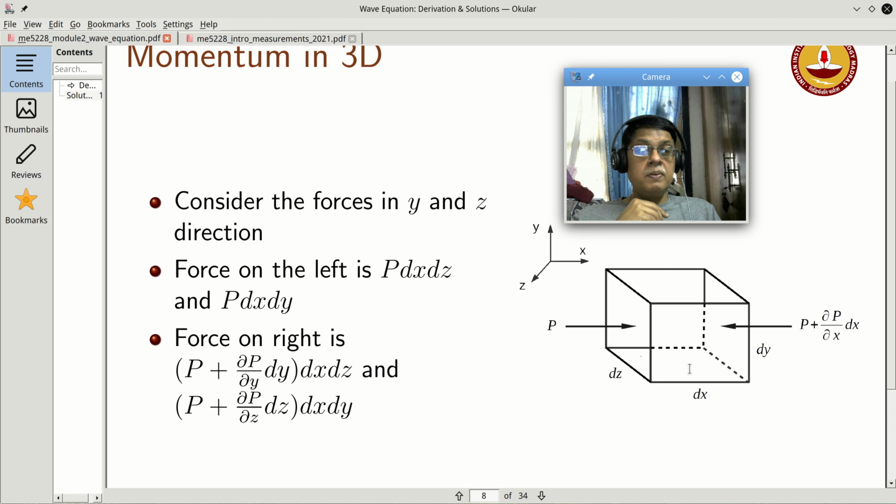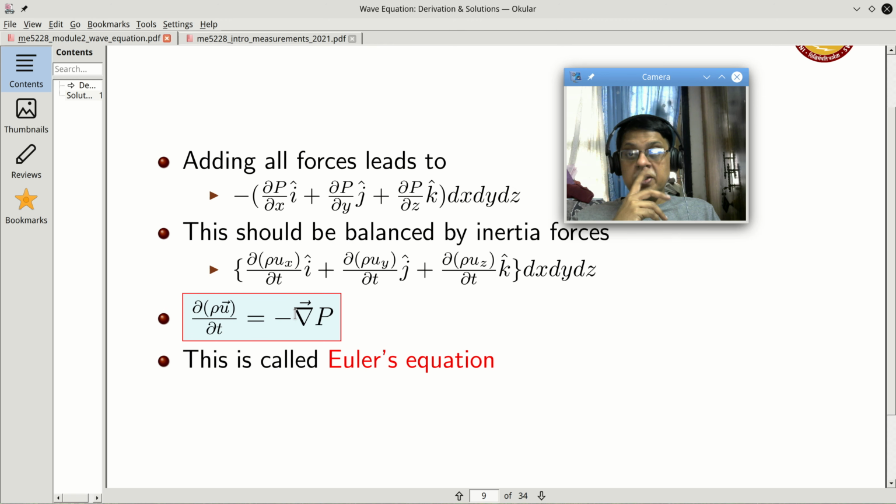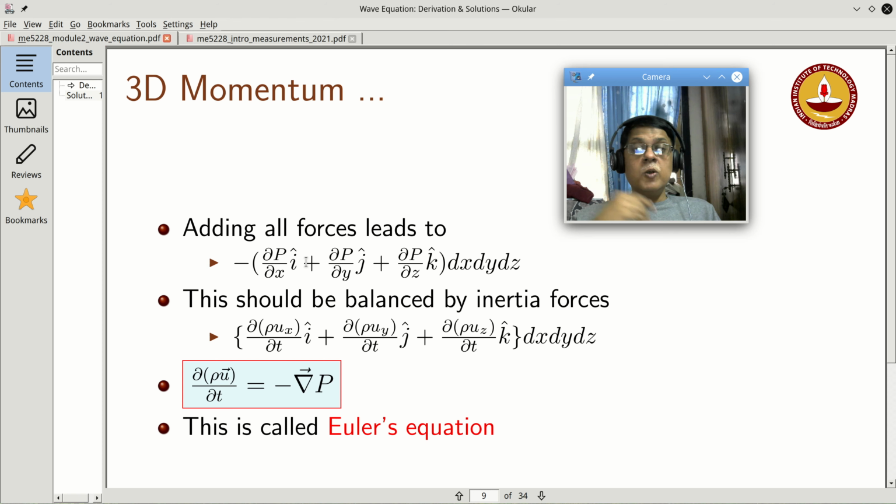Now the net force you can arrive at in a similar fashion. So on the right side and the left side, the top and bottom, all of these you can do. These forces, remember, have directions associated with them.